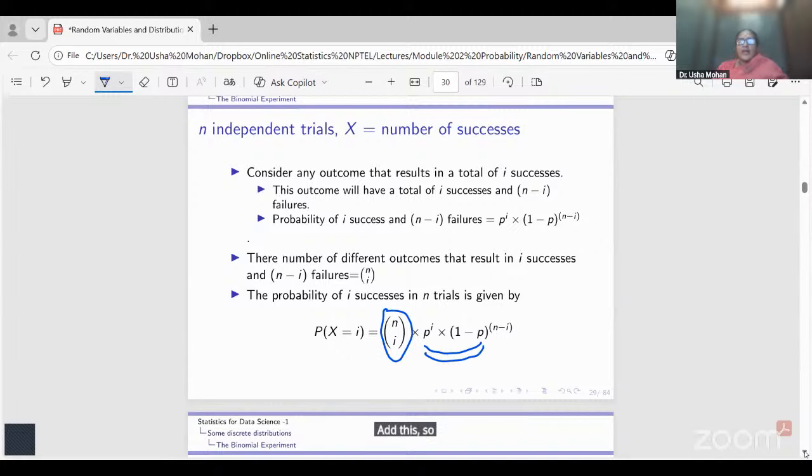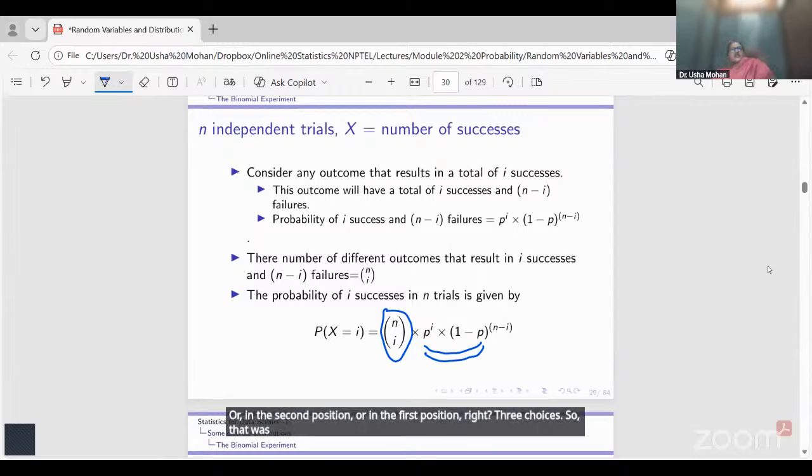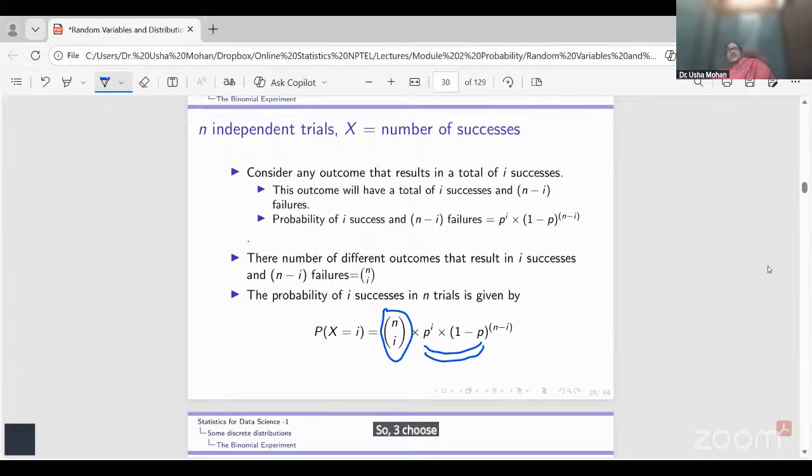So if I go back to this, the success could have been in the 3rd position or in the 2nd position or in the 1st position, right? 3 choices. So that was 3. Is that clear? So 3 choose 1 or 3 choose 2. In general, it is called n choose i. Till here, is it clear?